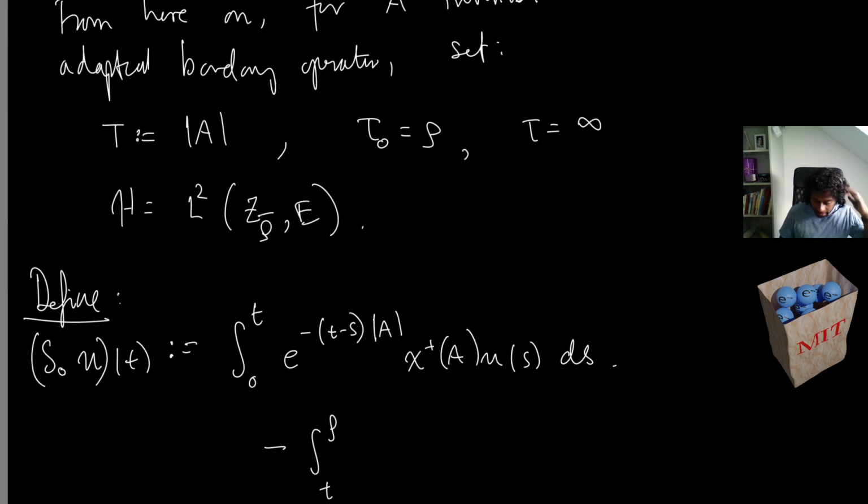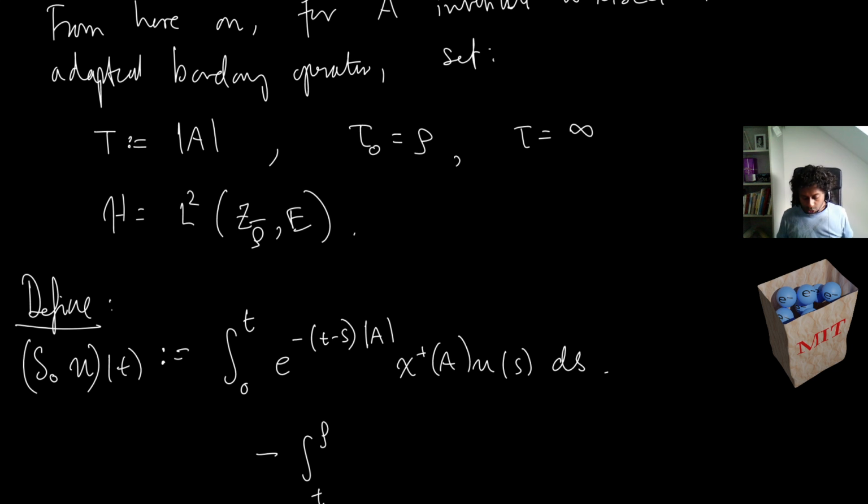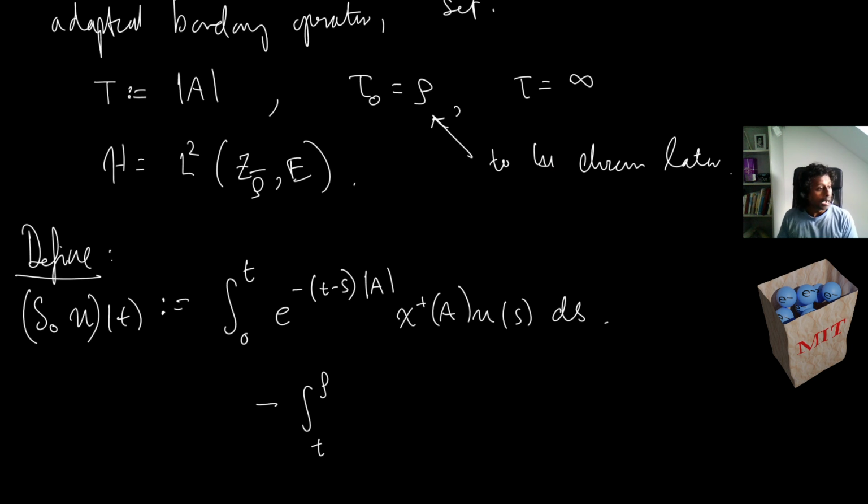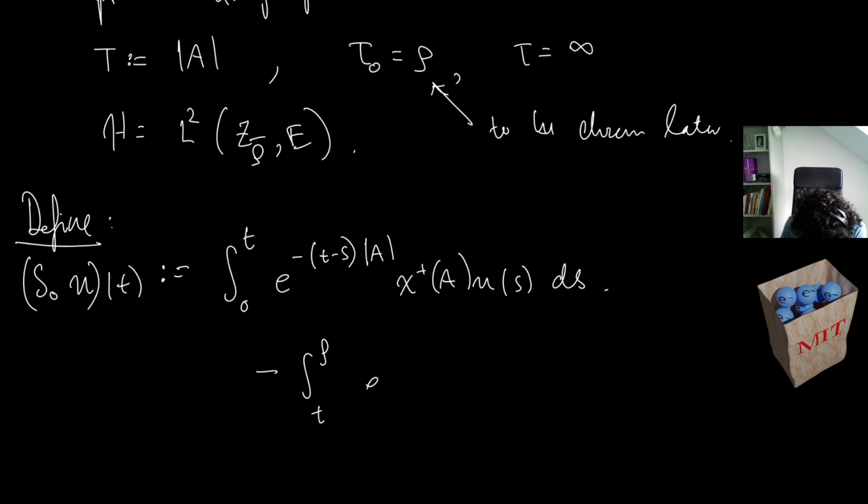I should say here that rho is to be chosen later, but we just fix some rho for the moment. We don't care what it is. So e to the minus (s minus t) modulus A chi minus of A u s ds.